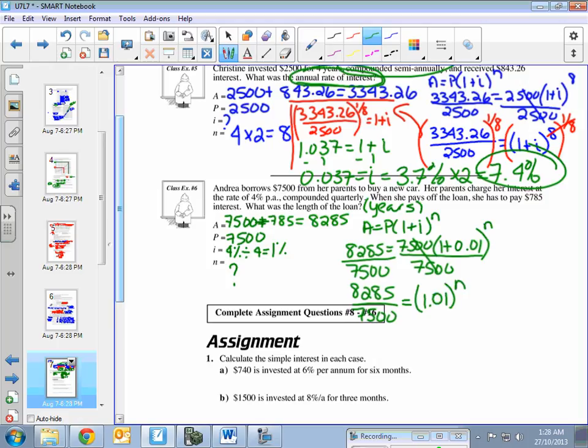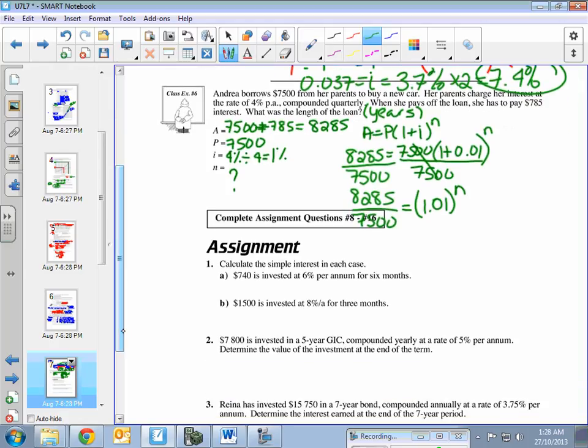So now that you are looking for your exponent, make these into logarithms, okay? I can just go log of my base. So log, my base is 1.01. My argument is 8285 over 7500, is equal to n.